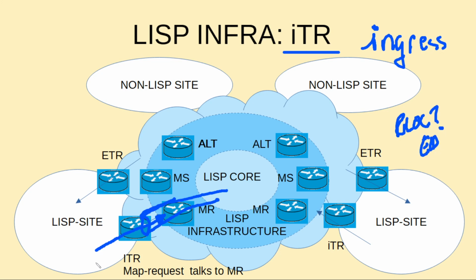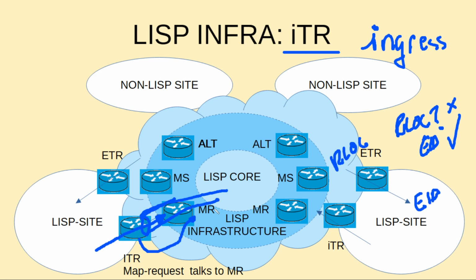So as traffic enters, the ITR knows the destination, but it doesn't know the location. So they are going to ask the map resolver for that information. So the map resolver is going to be in charge of making sure that the ITR knows what is the RLOC for a particular EID.